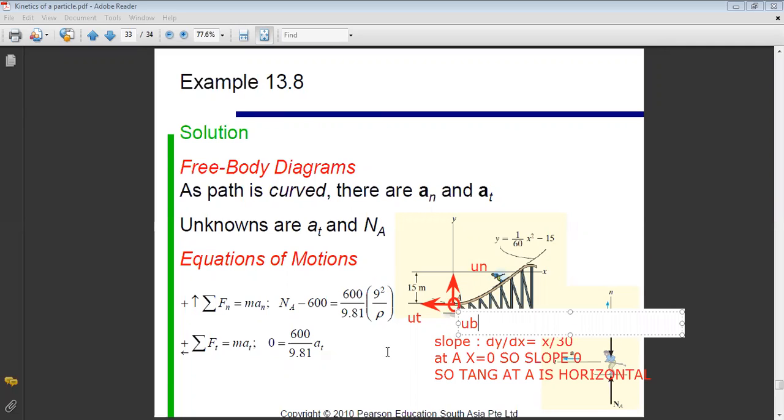Now, next step, I will represent the forces acting on the skier at A. What are the forces acting on the skier when he reaches A? I have two forces: the weight W, and the normal reaction N at A. These are the two forces acting on him.